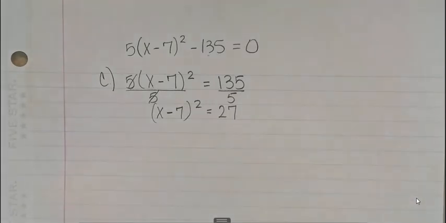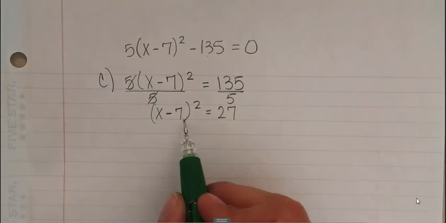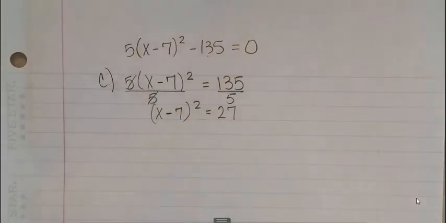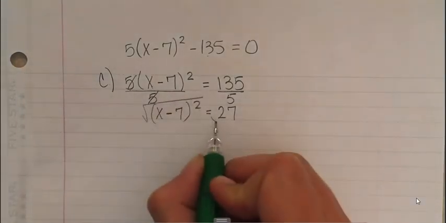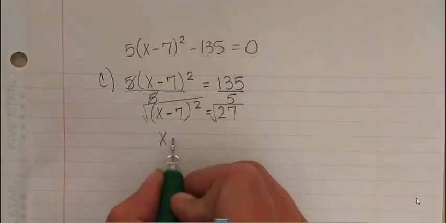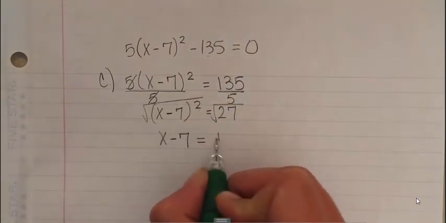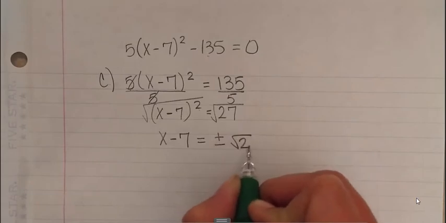Now I have the squared thing by itself, right? That's always your goal. Get the thing that's being squared all by itself. So in order to undo being squared, I have to square root both sides. So I end up with x minus 7 equals a positive or negative square root of 27.